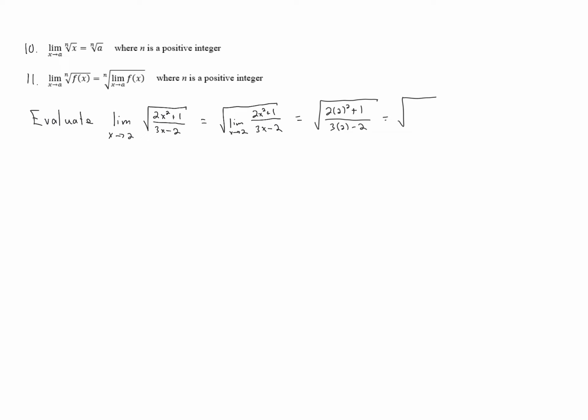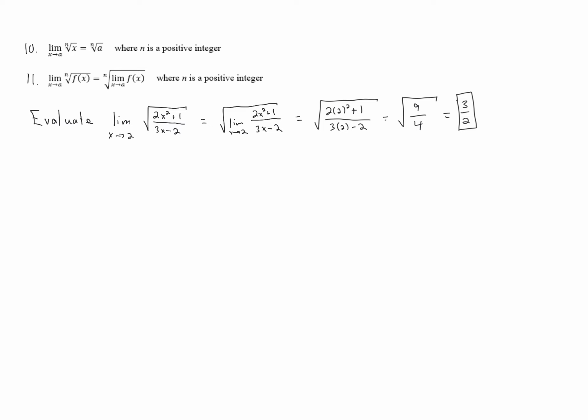And when we evaluate that, the numerator is going to become 9, and the denominator is going to become 4. And the square root of 9/4 is 3/2. So this expands what we're able to evaluate by direct substitution by allowing us to do that when we have the limit of a square root or a cube root or a fourth root or something like that.